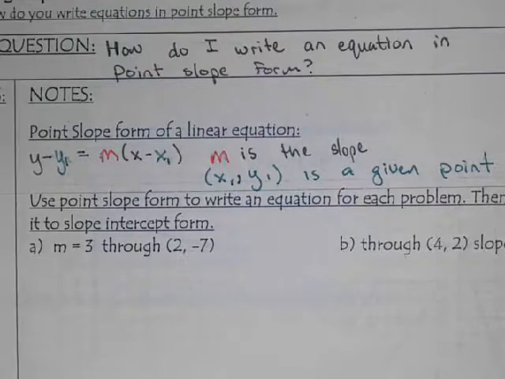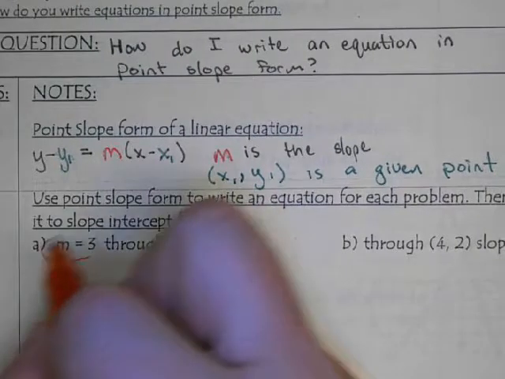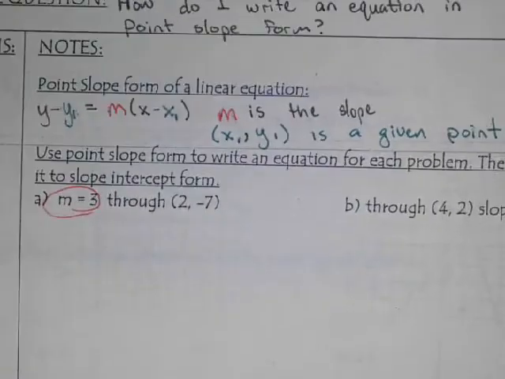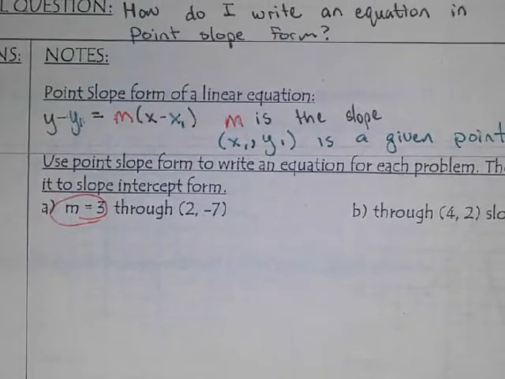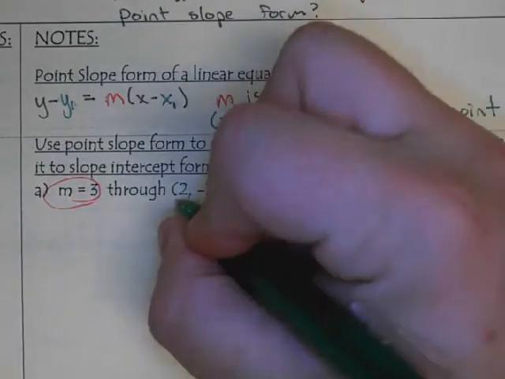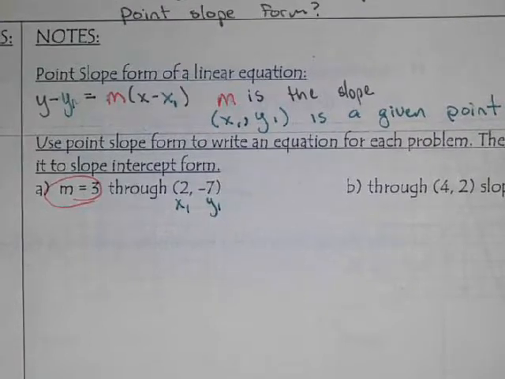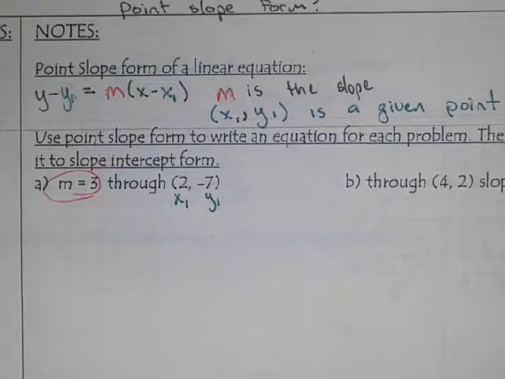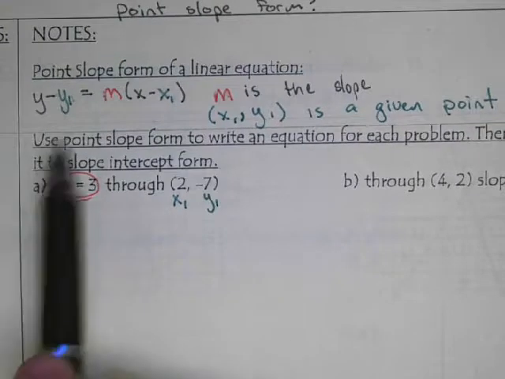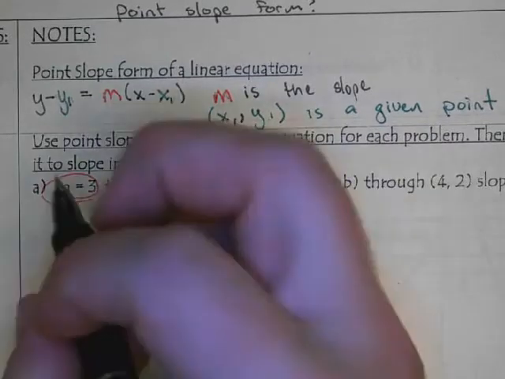So let's do that. Number 1, my slope is 3. And then we're given that x1 and y1 is 2 for x1 and negative 7 for y1. So let's go ahead and plug in. We're going to use this equation right here.